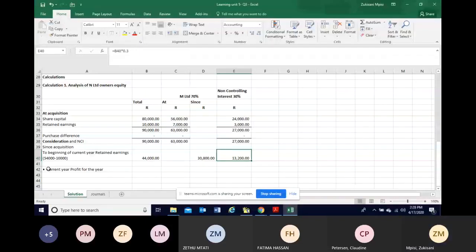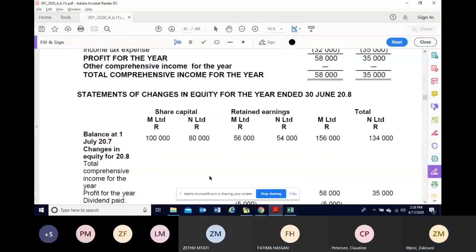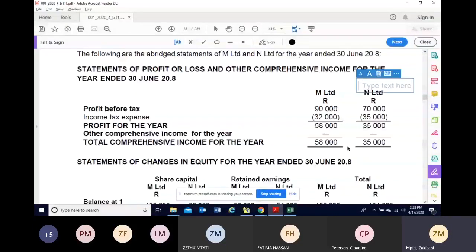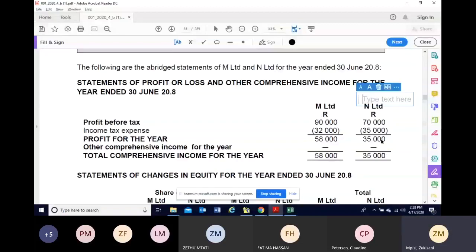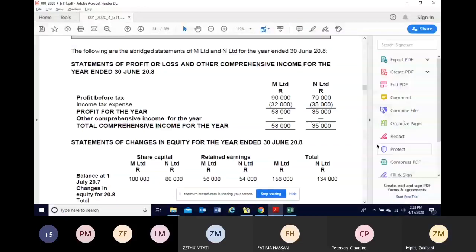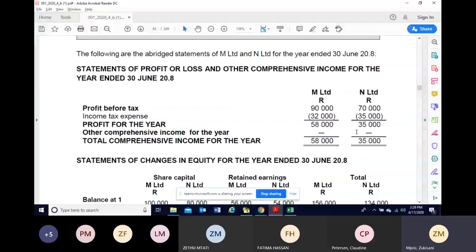Current year profit. For this profit now, we have to go and look up. Here we are given the profit in question 3. We are told that in the current year, NLTD made a profit of 35,000. Total profit.